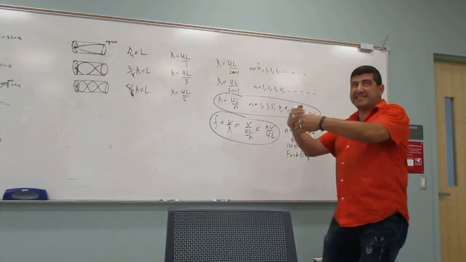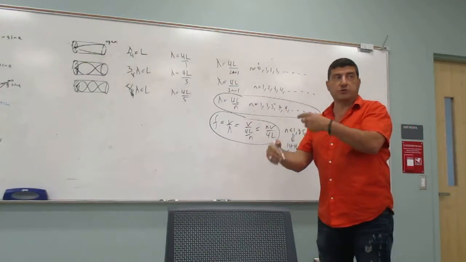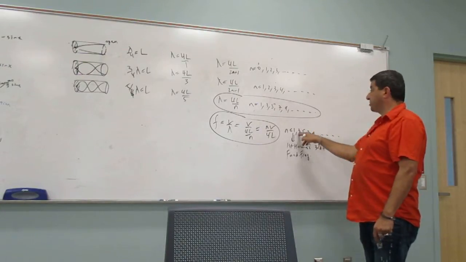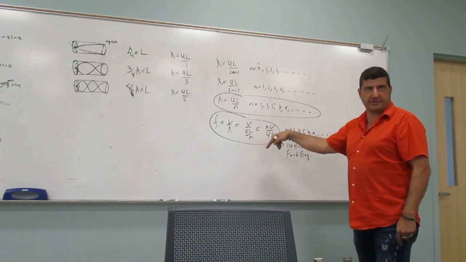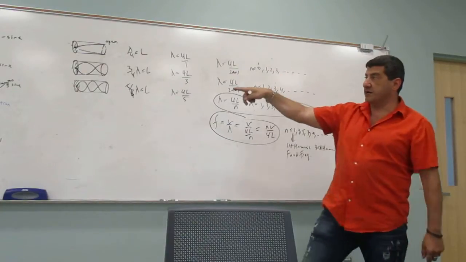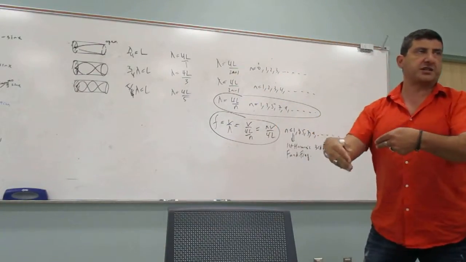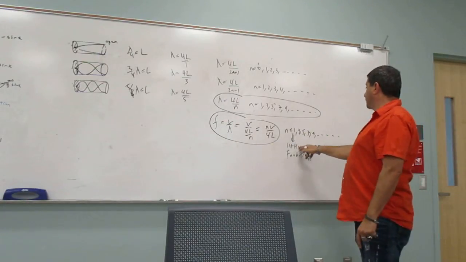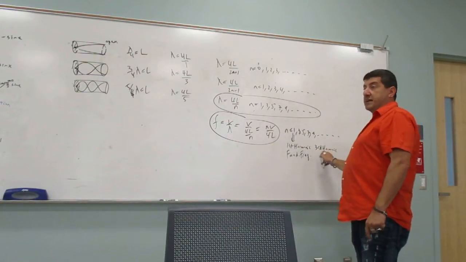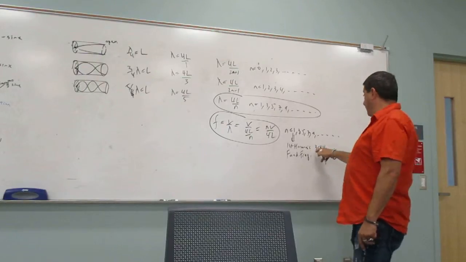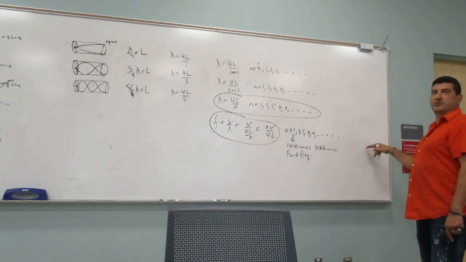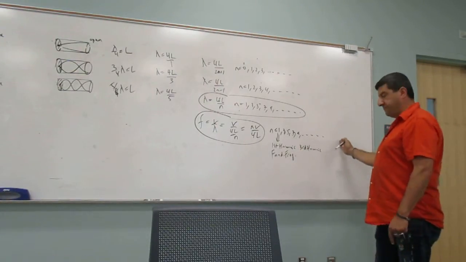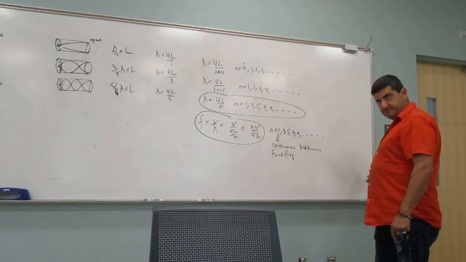In other words, the next allowed frequency that will resonate in that tube is 3 times the fundamental frequency. Whereas for that one, twice the frequency will resonate, 3 times, 4 times. Here, the next frequency that will resonate is 3 times, not twice. The next one is 5 times the frequency, 7 times the frequency. So you're skipping an octave each time.